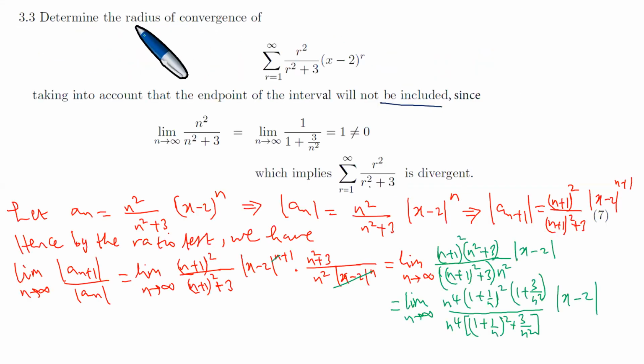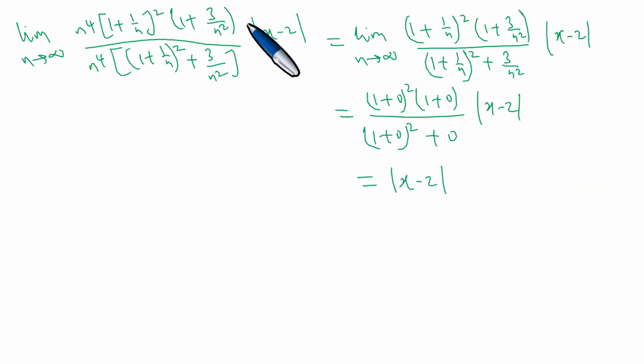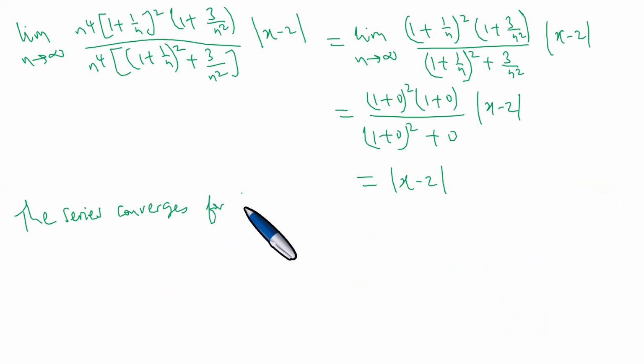Okay, they're saying determine the radius of convergence of this. Right, so the series most certainly converges for the modulus of x minus 2 less than 1 and diverges.